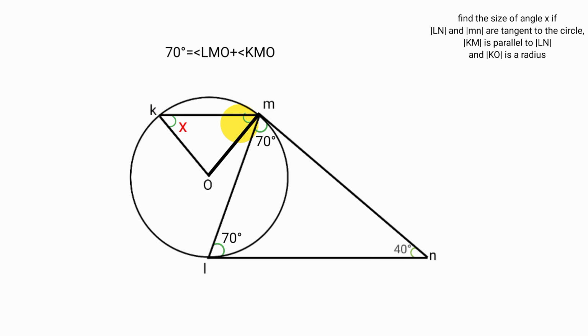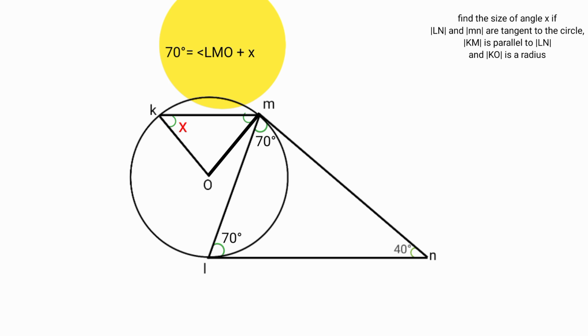We already mentioned earlier that the base angles of an isosceles triangle are always equal, so this angle X and this angle KMO are equal. So let's write it out as well. X equals angle KMO. So since X equals angle KMO, we can substitute X instead of angle KMO here. Now 70 degrees equals angle LMO plus X.